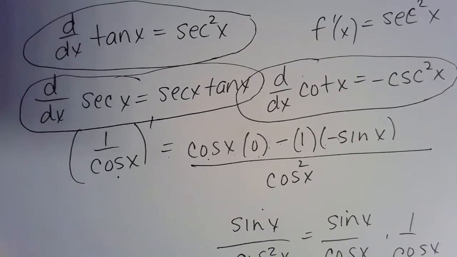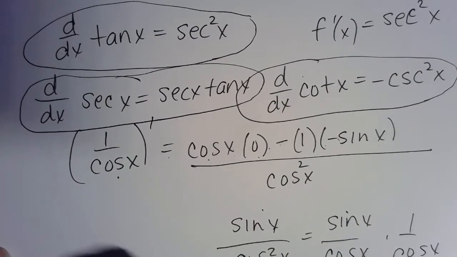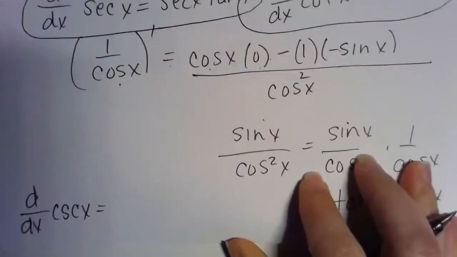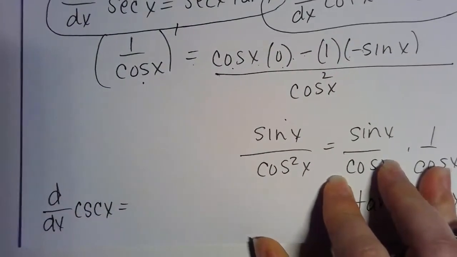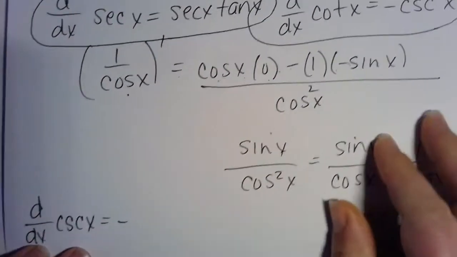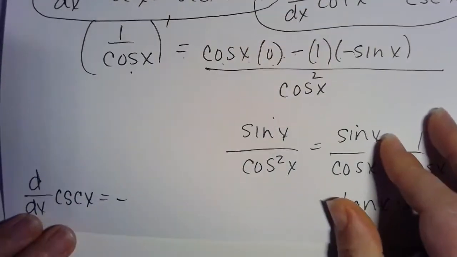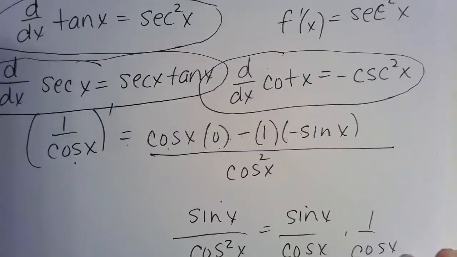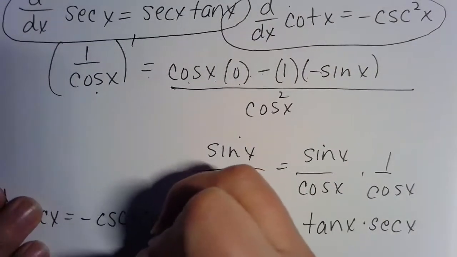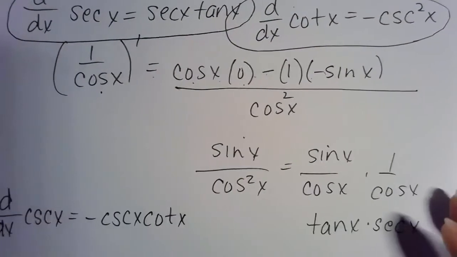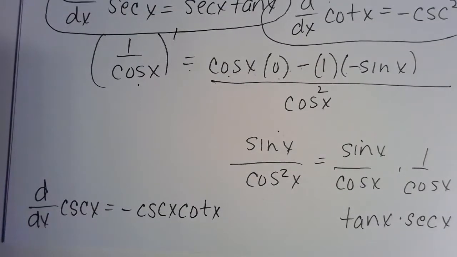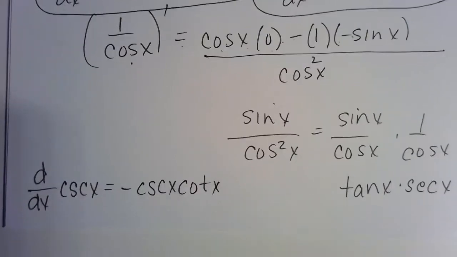Now I'm just going to give you the derivative of cosecant. So the derivative of cosecant of x is, again, anything that starts with a C is negative. So this one is secant, this one is negative cosecant of x, and this one is tangent, this one is cotangent of x. So they're similar, but slightly different, okay? There are some similarities there to help you remember them.